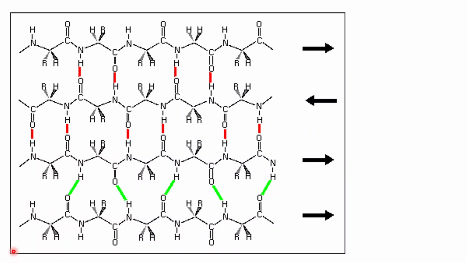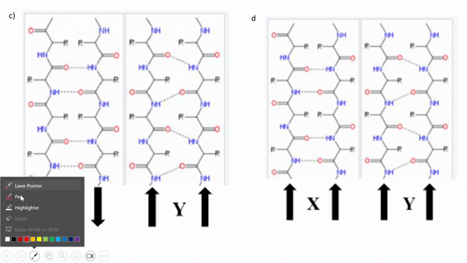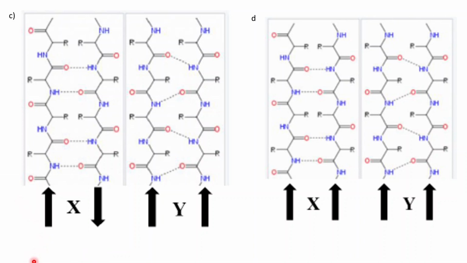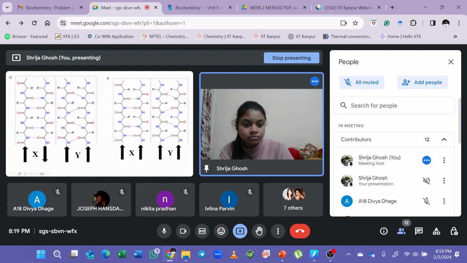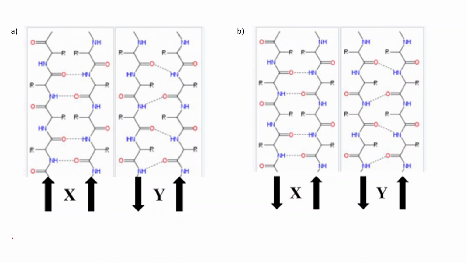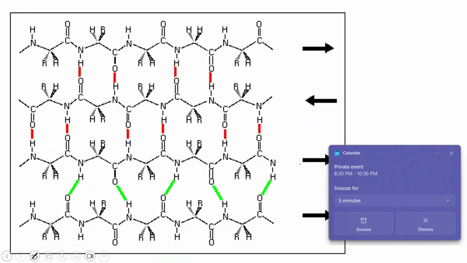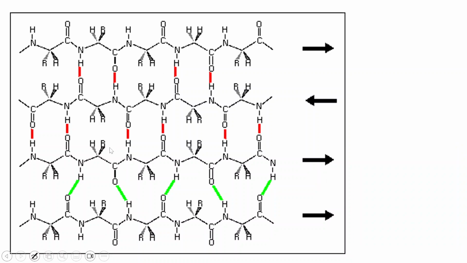So this is the first amino acid, right, N, C alpha, C. This is the second amino acid, N, C alpha, C. Then this is the third amino acid, N, C alpha, C.